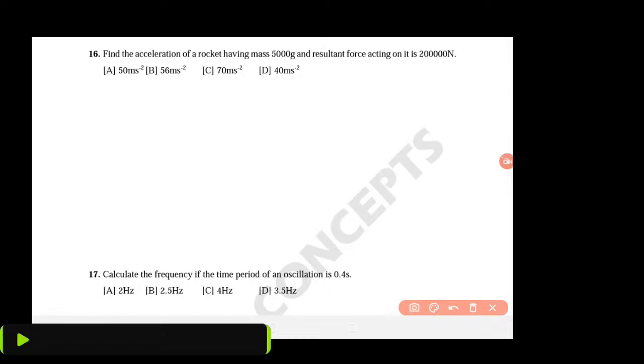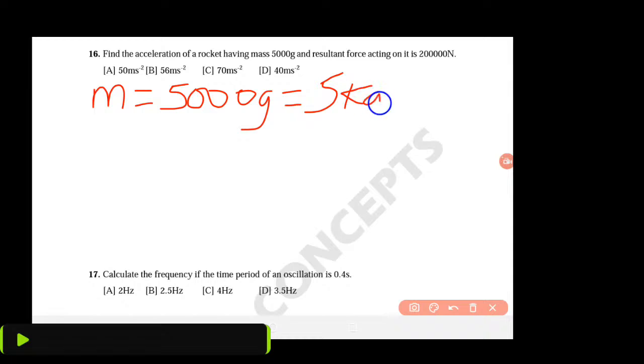So we are going to write out the given parameters. The mass given is 5,000 grams, and taking that to SI unit, you divide it by 1,000, that will be 5 kilogram.